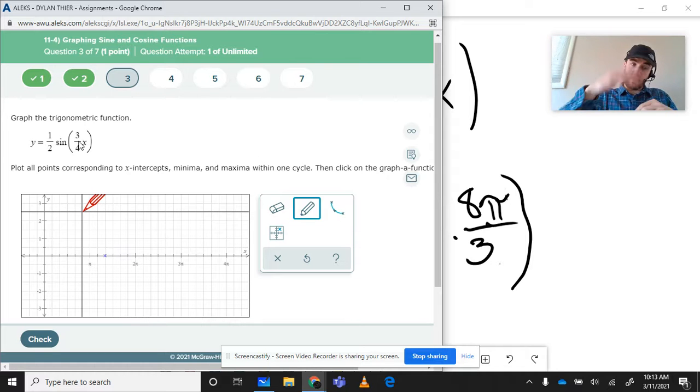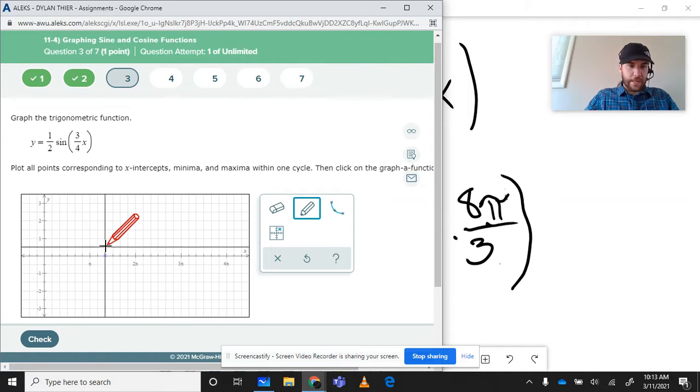We're going to have our full rotation. We'll be done with our first cycle at that location of x, 8 pi over 3. We will only go up to 1/2 for our amplitude. And for the sine function, there'll be a point in the middle. We'll go up to 1/2. We'll go down to negative 1/2.